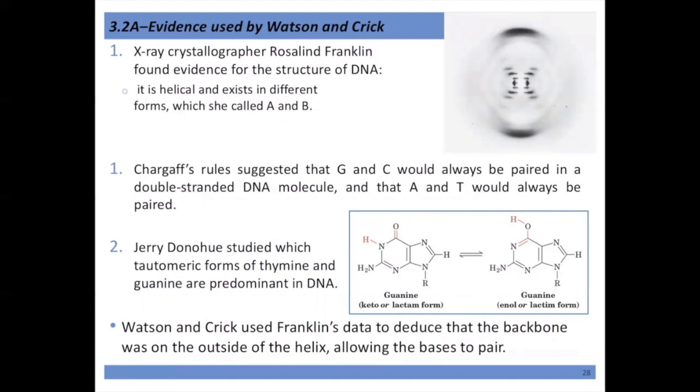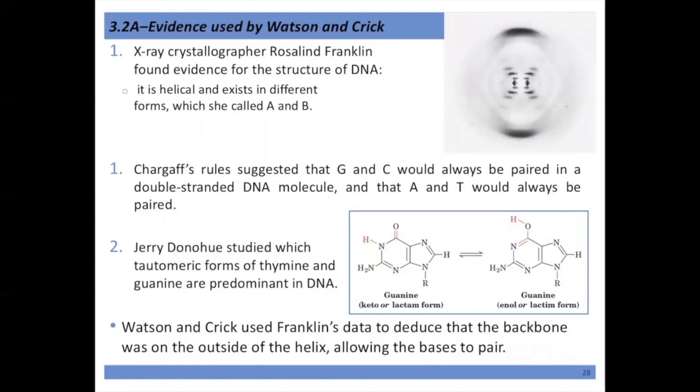Now I just look at it and it looks like a modern symbol for maybe the X-Men or something like that. But X-ray crystallographers immediately knew that it represented a helical structure. Rosalind Franklin knew that. Eventually it got in the hands of Watson and Crick and was one of the key things to let them know that DNA was actually a double helix.